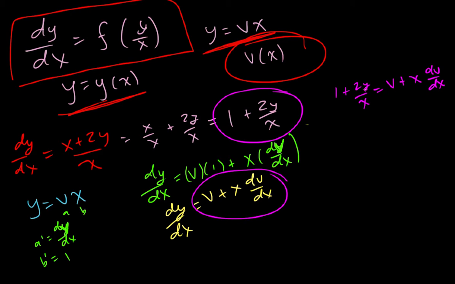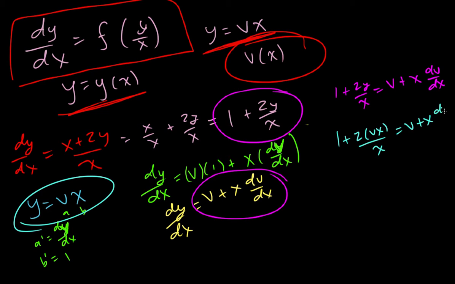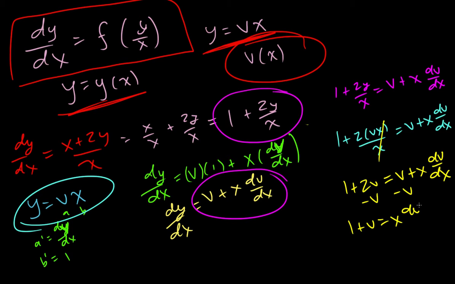And I'm going to replace y with this. Those x's will cancel. And then subtract v from both sides. 1 plus v equals x dv dx.